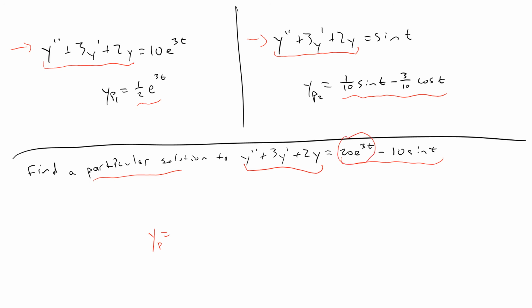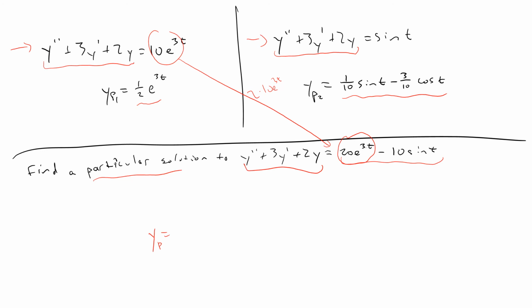the interesting thing here is that these pieces are just variations or multiples of the right-hand sides from the earlier examples. For example, up here, 10e^(3t). If I multiply it by 2 times 10e^(3t), I get 20e^(3t).